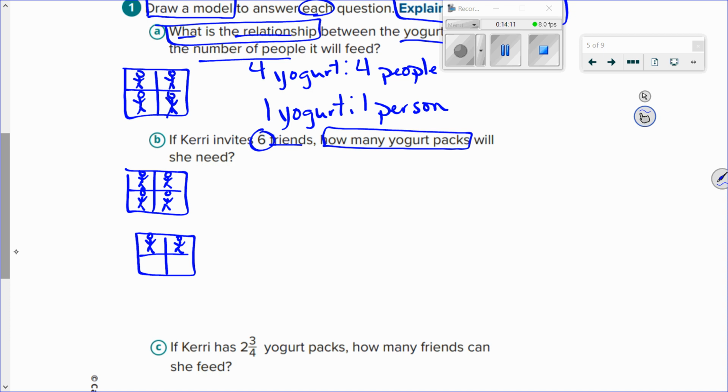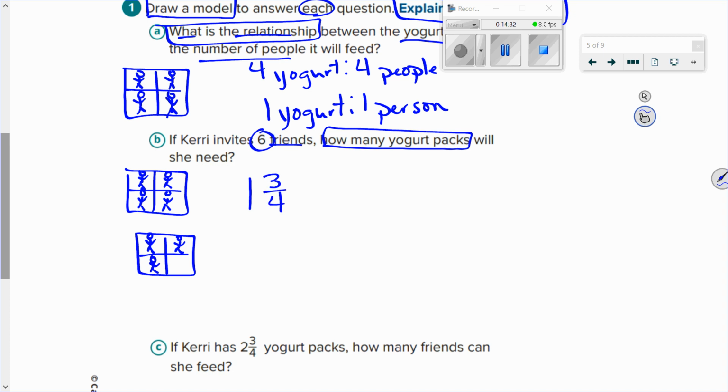If Carrie invites 6 friends, you'll have 7. Actually, that's good reasoning. I'd take that. So including her, and I would take either answer on this. In this case, what do I have? 1 and 3/4.